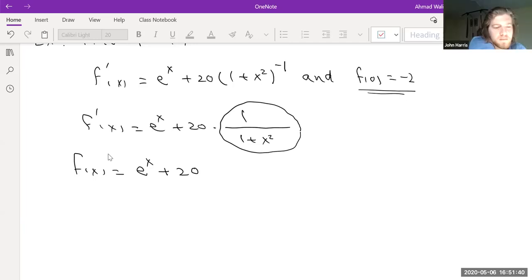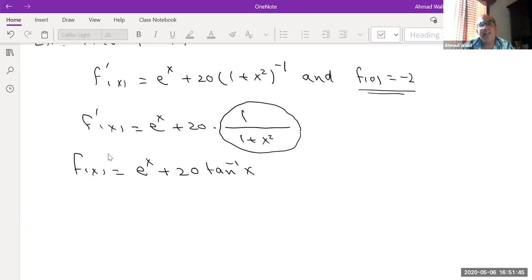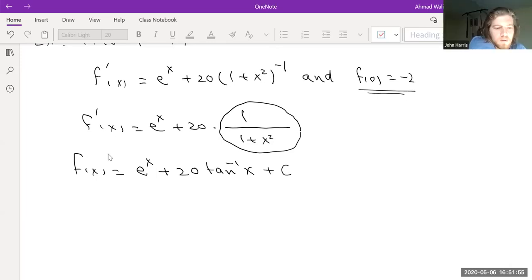Tan inverse x, and plus what? Plus c. Now look, f of 0 is -2.